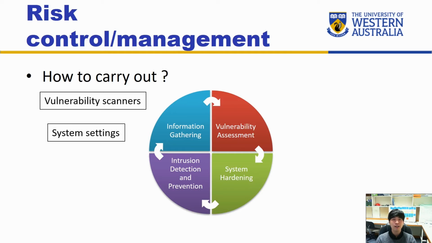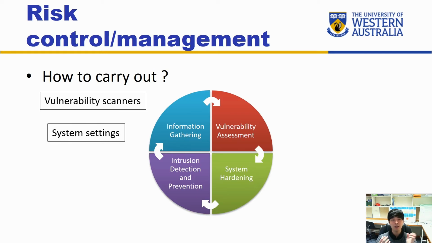Right. So there are items like vulnerability scanners and system settings. All that information can be collected to start our initial understanding of the risk. So what we want to do is gather as much information as possible. And those two items are probably the biggest resources that you can start with.